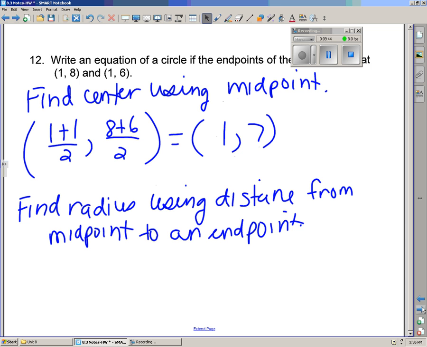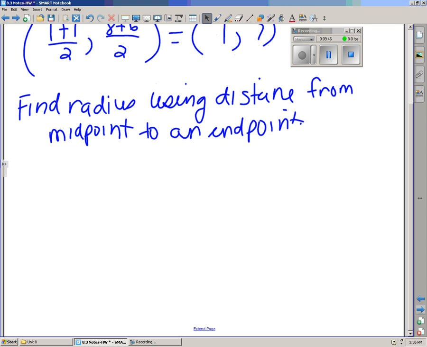Let me just kind of bring this up a little bit. So in this case, I'm going to use the endpoint of 1, 8. This is my endpoint, and then my center point happens to be 1, 7.